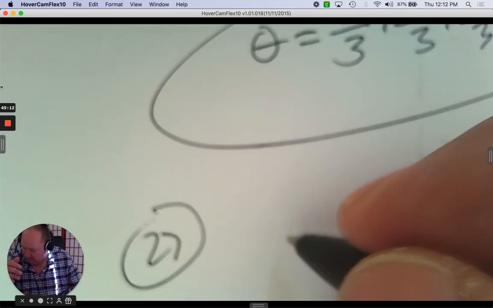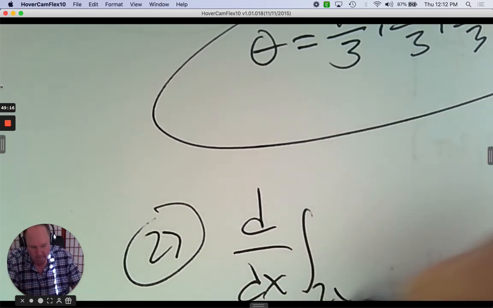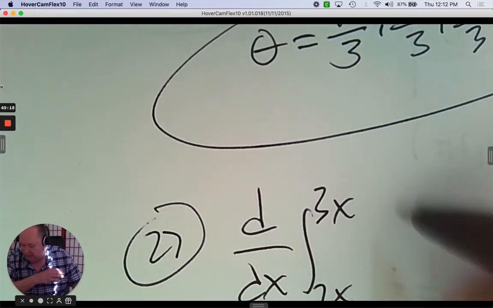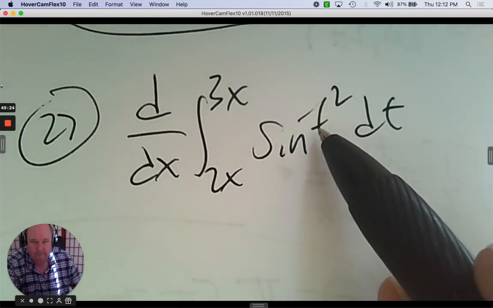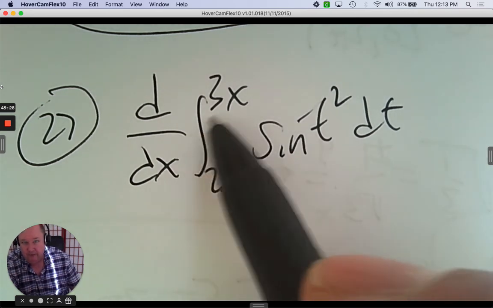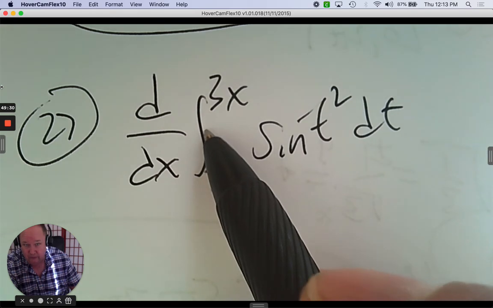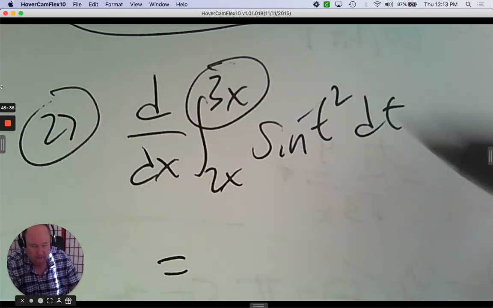In number 27, you have the derivative, you have an integration, and you have some trigonometry. All right, this question is a fundamental theorem of calculus question. Part 2, the sequel. This is just a substitution question, not a trigonometry question. So what do you substitute in first?